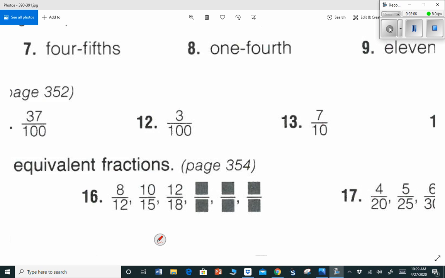It's hard to divide things into fifths, so what I like to do when I'm drawing is make a rectangle but leave one end open. There's 1, 2, 3, 4, and just keep going a little farther. And you got 5. Those are supposed to be equal parts. And we're going to shade in 4 of them. So that's a picture of the fraction 4/5.